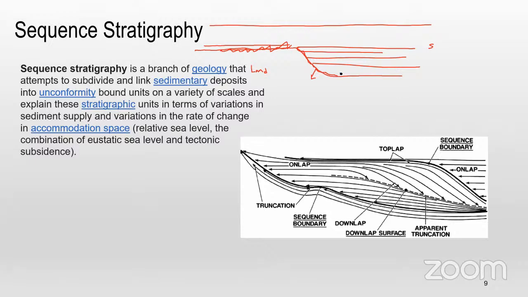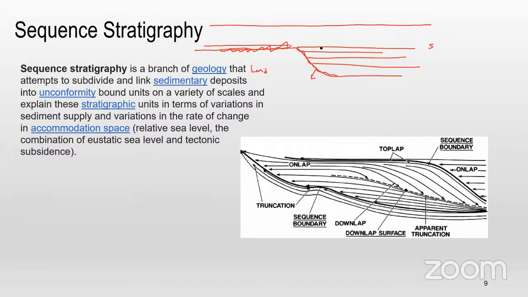But after that, in I think 1979, Vail and his colleagues modified this definition, and they said that the sequences are between the major unconformities and also correlative conformities.